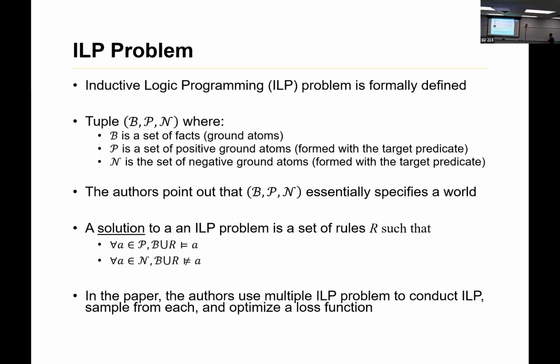Okay, so an inductive logic programming problem. We have a tuple, which consists of 3 things. B is a set of facts. P is a set of positive ground atoms. N is a set of negative ground atoms. And notice that those ground atoms in P and N are all formed with the target predicate.